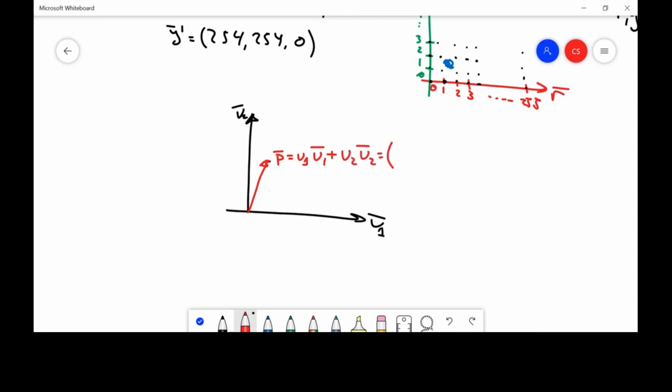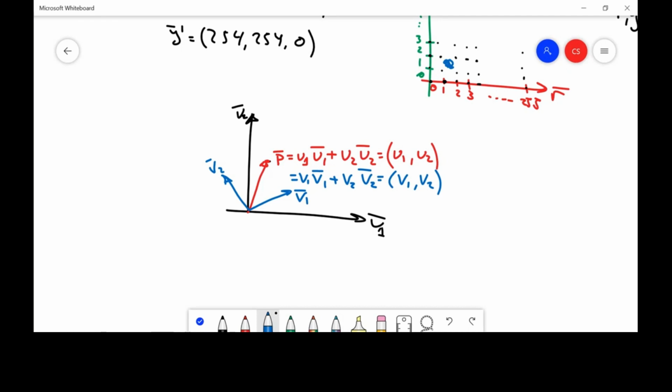So the coordinates, if I want to express this in coordinates, would be u1, u2 in this basis. But let's say that I have a different basis. So now instead of the basis u1, u2, I have a different basis, so let's say I have this one, that are v1 and v2. So the same point now can be expressed differently. So it will be some other coordinate, v1, v2, and then the new coordinate will be this one. But they are pointing to the same point.